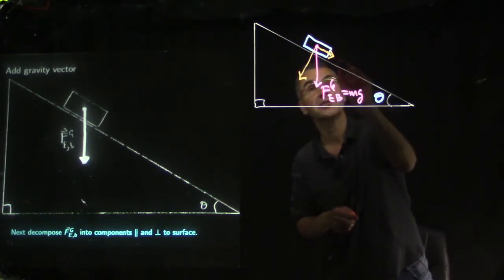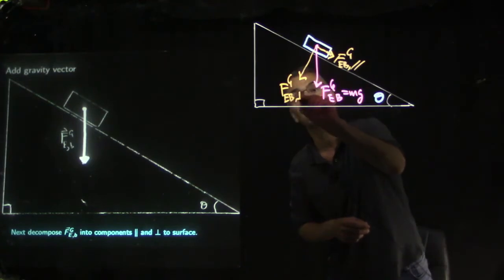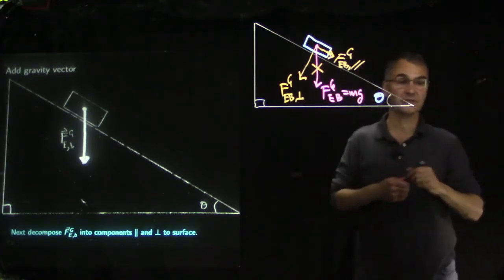So this is F gravitational Earth on the block, the parallel to the surface part. And this is F gravitational Earth on the block, the perpendicular part, and then we're going to cross out the original gravity vector.